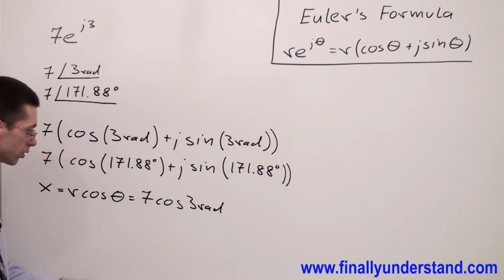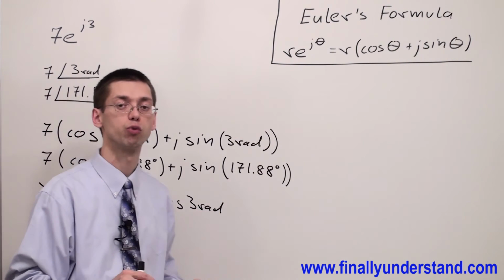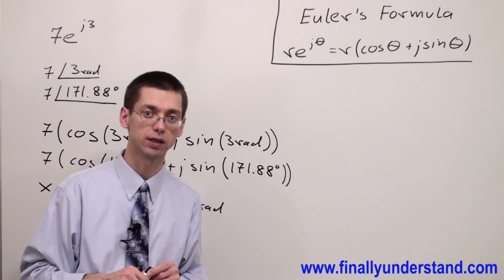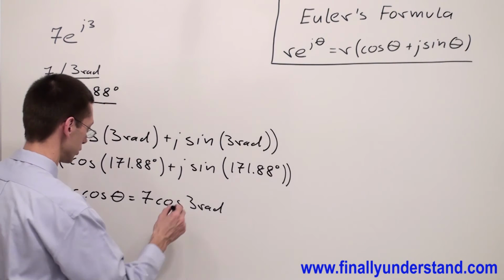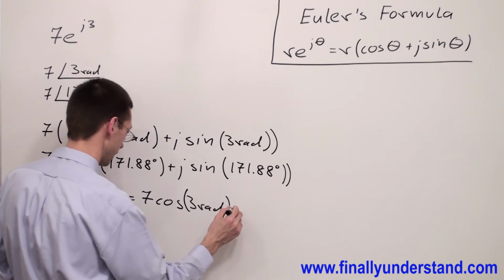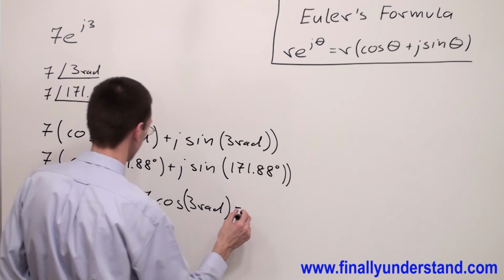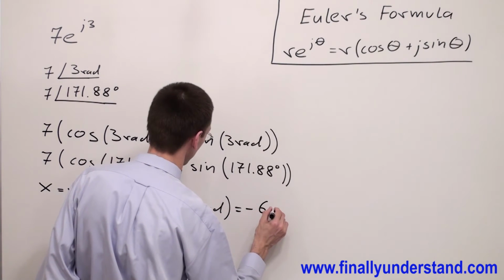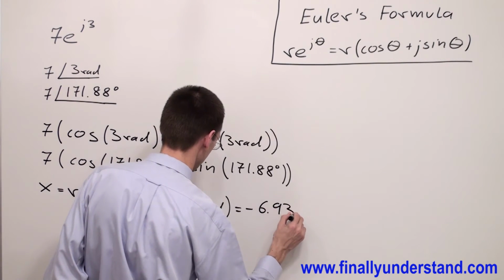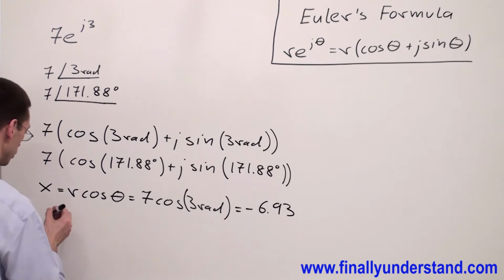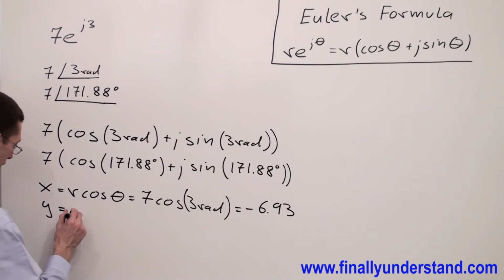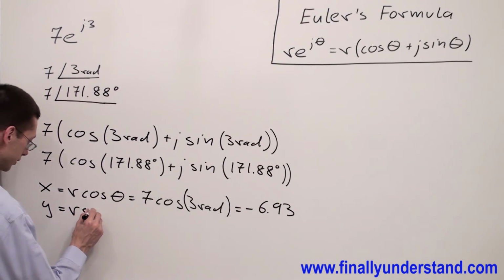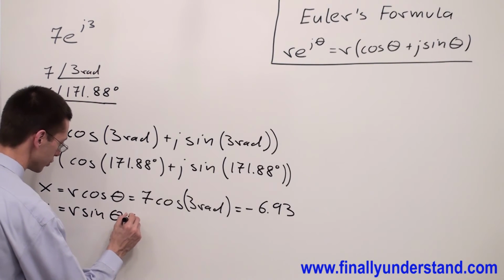Remember, anytime you use radians, you're supposed to switch your calculator to radians. If you use degrees, you're supposed to switch your calculator to degrees. And this is equal to negative 6.93.